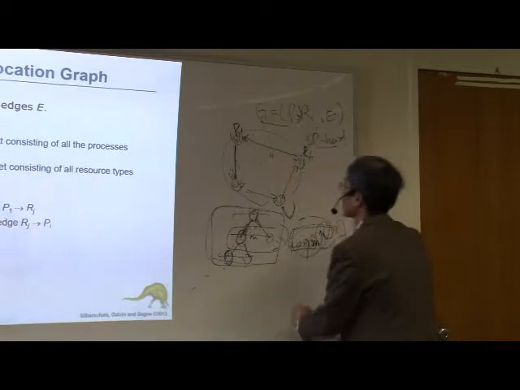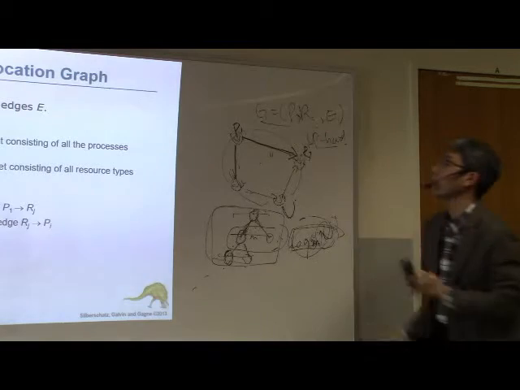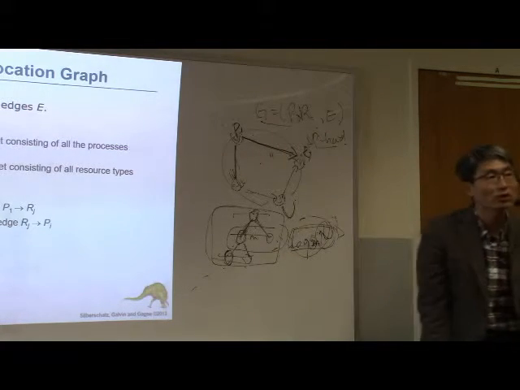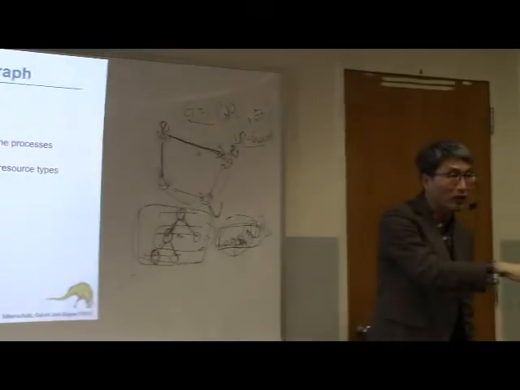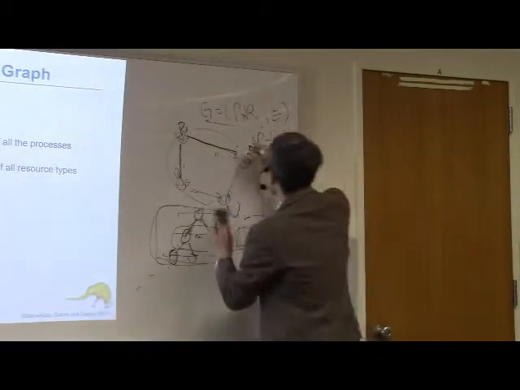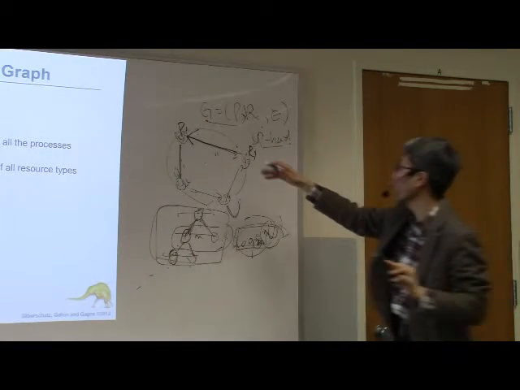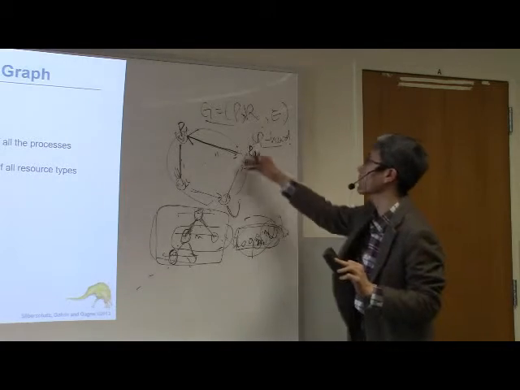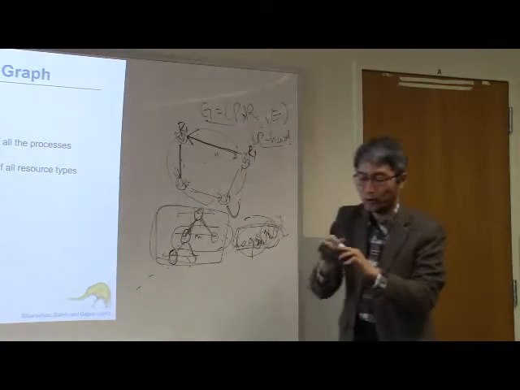If the edge is from P1 to R, process to resource, it is a request. I need this resource. It's not allocated yet. If that is permitted, so granted, then the opposite direction of the edge means it is the assignment. It's used by process 1.